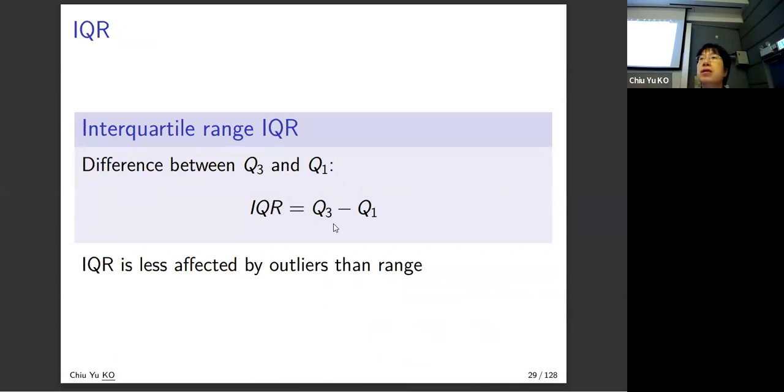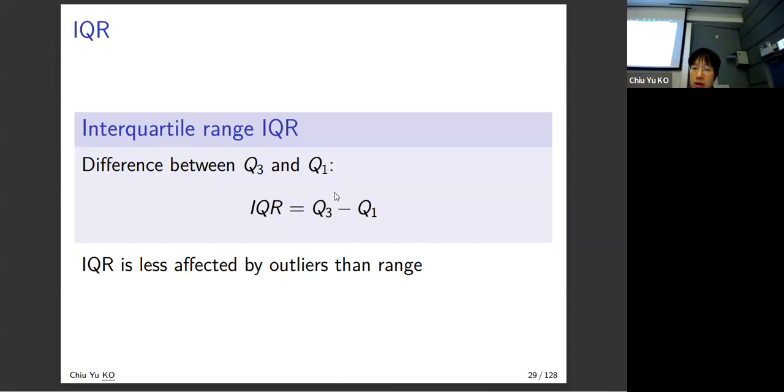Is that clear? Intuitively, Q3 and Q1 are very simple: Q3 is the median of the top part and Q1 is the median of the lower part. But when you face actual data, it's not very clear how to define them. If you have a very large data set, you find the median first and then the median of both parts, no problem.